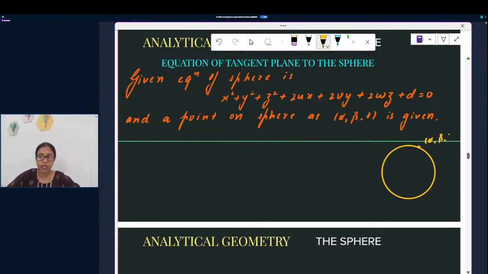See, these 2 points are given. I have to find the equation of a tangent. So I have to find the equation of a line which passes through that alpha, beta, gamma. Initially, I don't know the direction ratios, but I can at least start with that point. Let a, b, c be the direction ratios.